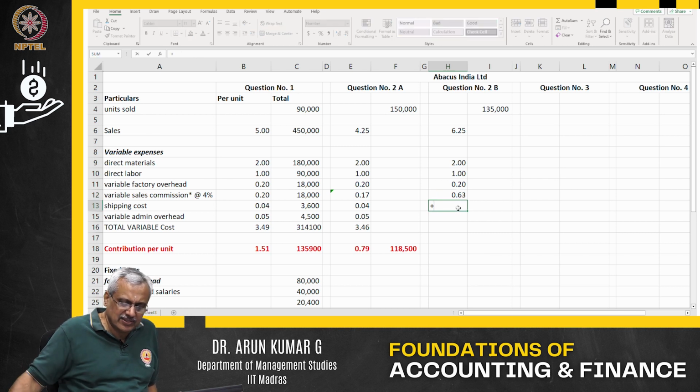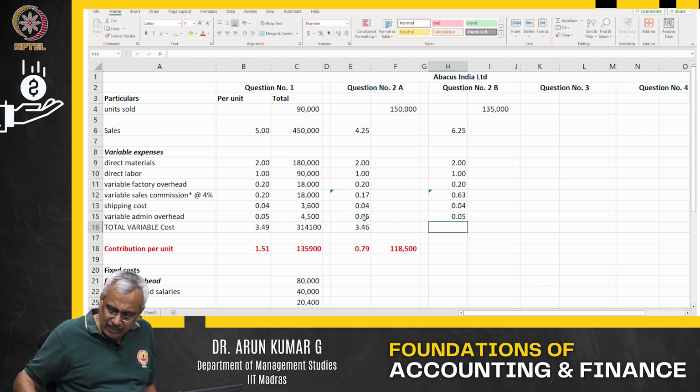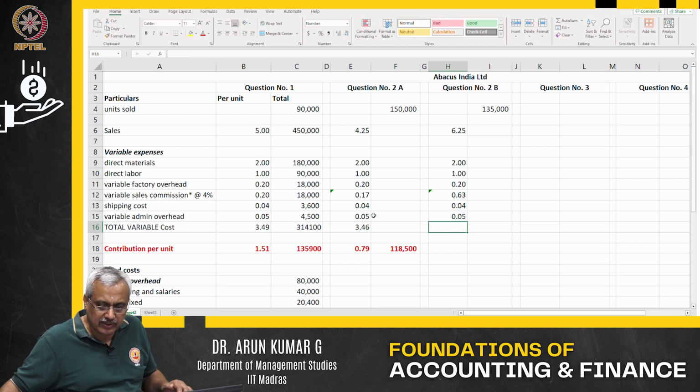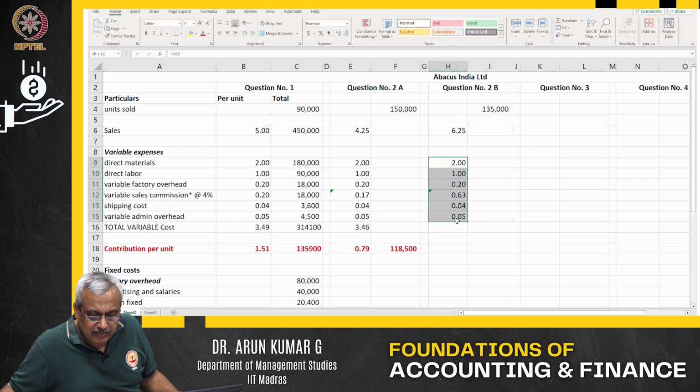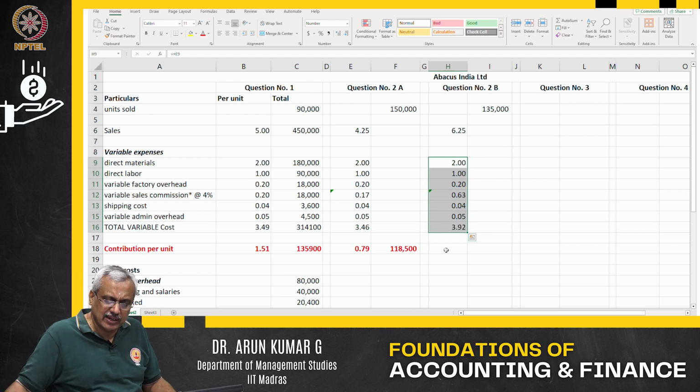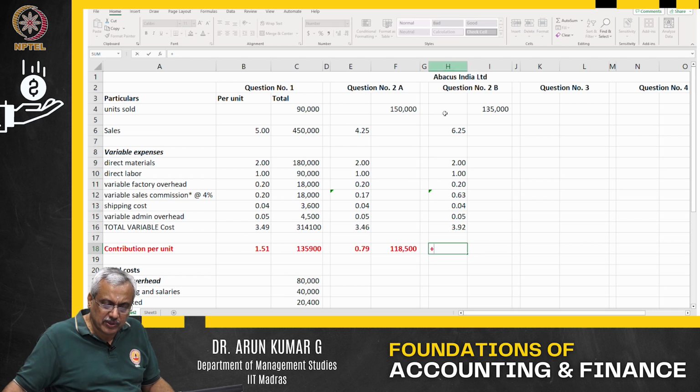All the other costs are going to remain the same. The total of these variable costs is 3.92. My contribution is going to be 6.25 minus 3.92.